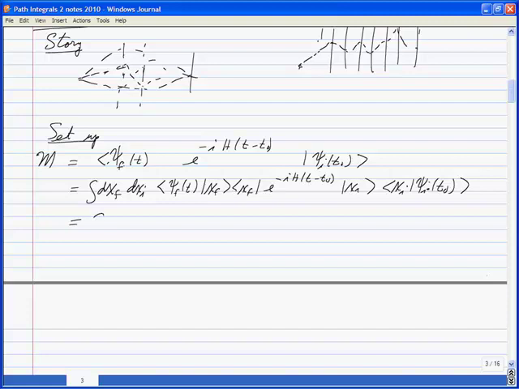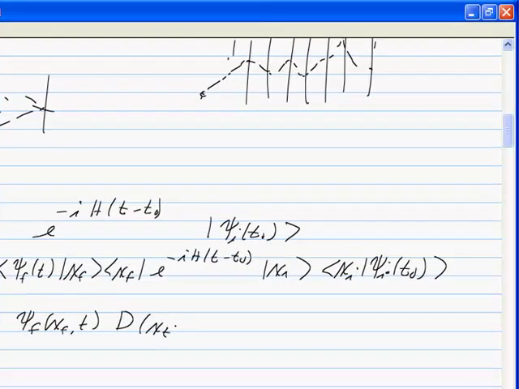And that would then be written as the integral d3x_f d3x_i, or dx_f dx_i, one dimension, three dimensions, it doesn't matter, of psi_f of x_f at t, something which we'll call the propagator from x_i at t0 to x_f at t, and the initial wave function.